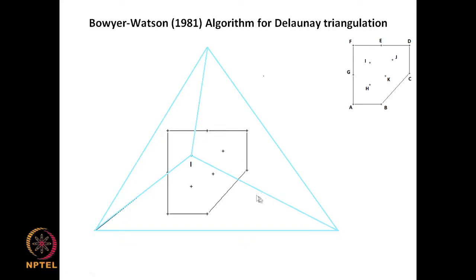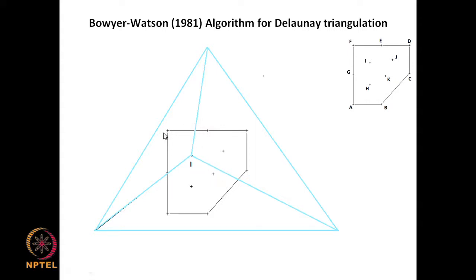Now this is the other triangle that we can see, and you start from here, you go along this, and F is again to the right. So that means that this is not the one. You can also go like this, and you can see that F is to the left side. So it is possible that it is inside this, and then you go here and come along this edge, you find that F is to the right side.